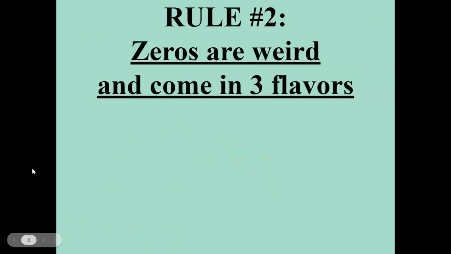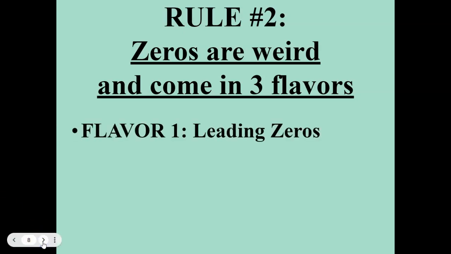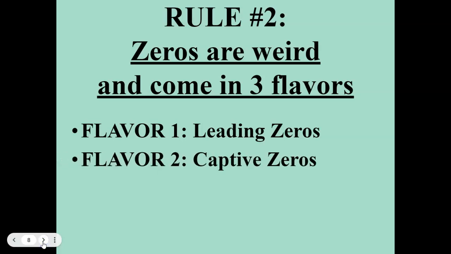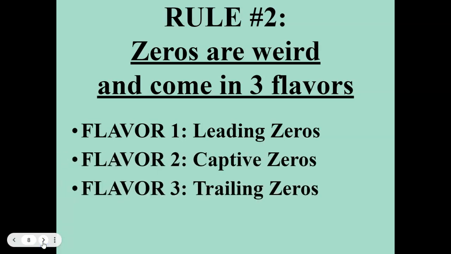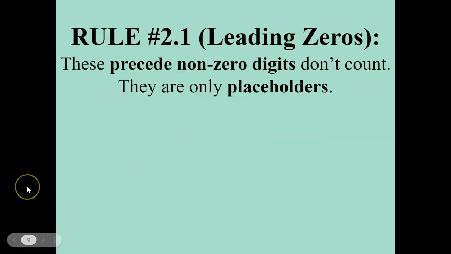Okay, so zeros are weird, and they can come in 3 flavors, so to speak, or 3 scenarios that we have to know the rules for each one. So the first flavor is a leading 0, second is a captive 0, and then the third is a trailing 0. So let's look at the rules for those 3. So leading zeros precede non-zero digits, so kind of like that example that we just did.